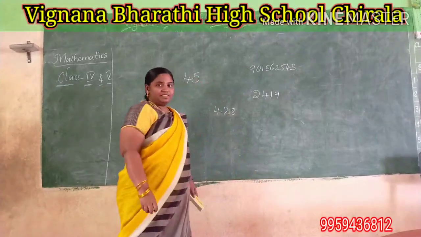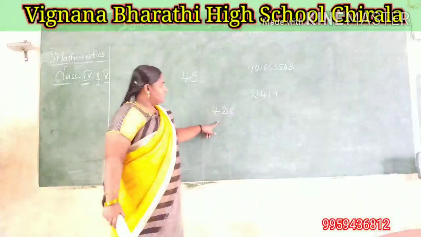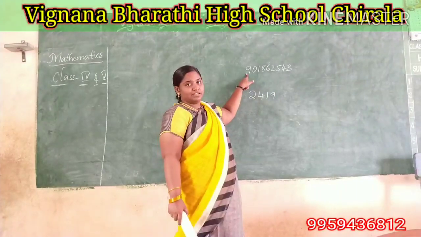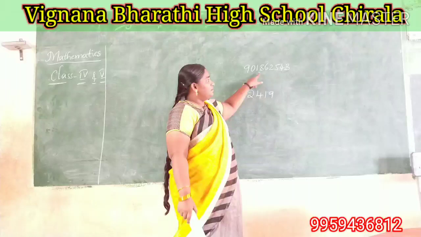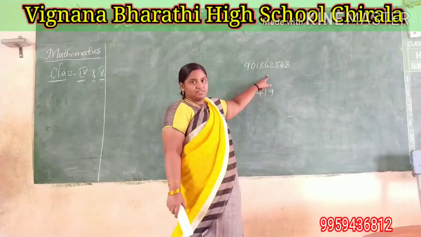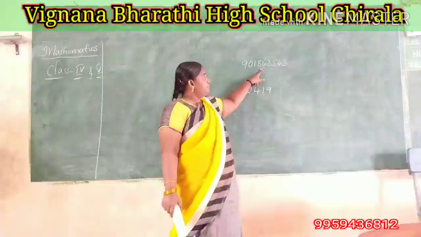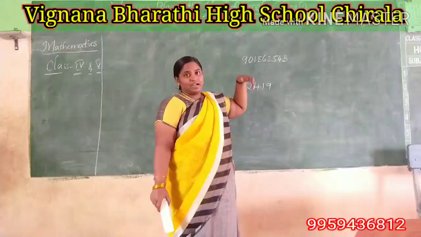Can you read that number easily like the previous numbers, 2 digit, 3 digit and 4 digit numbers? No, it is difficult to read and recognize numbers which contain more digits. Is it or not? So for numbers which contain more digits, it is very difficult to recognize and read them.